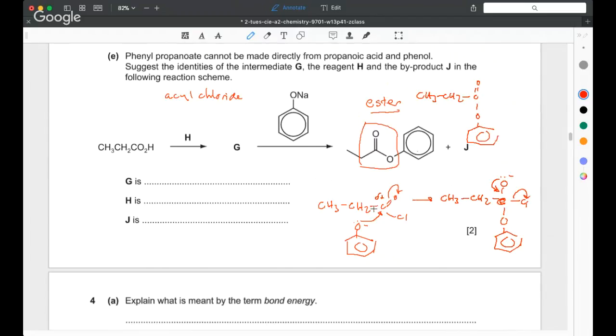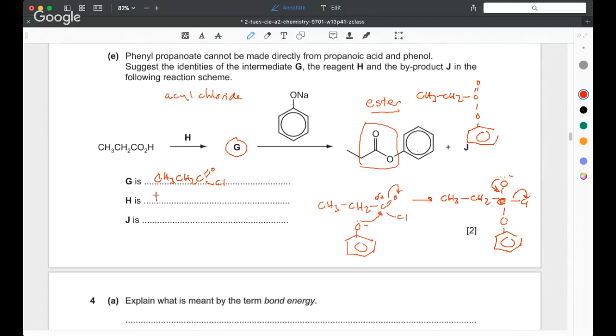Okay, that's how you did it. And so this intermediate in here, G, is going to be your acyl chloride. Now, you're not given that, so you have to make it in this first step here.